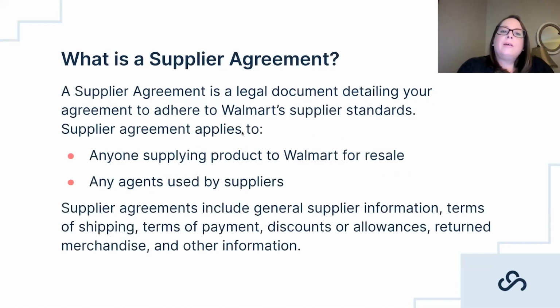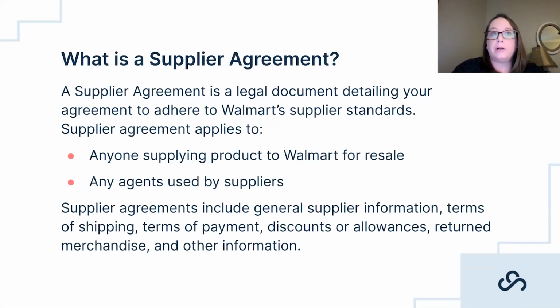So let's start with the supplier agreement. First we'll need to understand what your supplier agreement is and how it factors into disputing invalid allowance deductions. So your supplier agreement is a legal document that's detailing your agreement to adhere to Walmart's supplier standards.